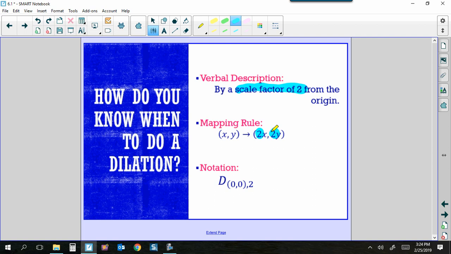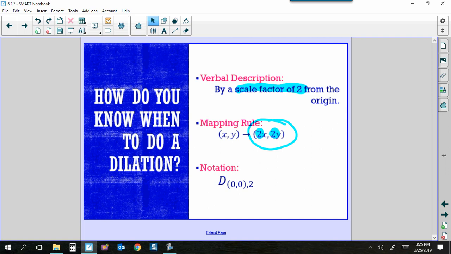So hopefully by now, our fourth lesson in this world of transformations, this should make sense. If not, always reach out to me. But notice that the biggest difference with dilations is now we are multiplying our variables by a coefficient.